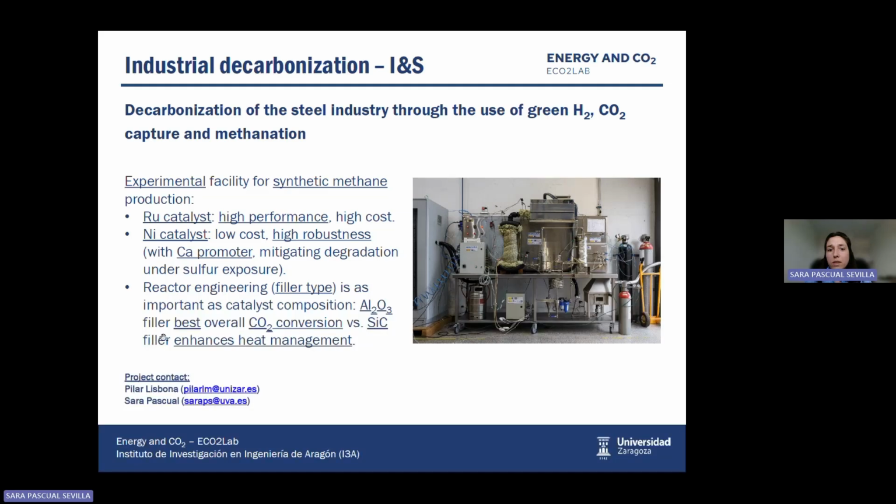Another important emergent research area is reactor engineering, which is as important as catalyst composition. This experimental step demonstrates that the scale-up of the industrial process also requires integrated visions between materials, reactor designs, and operating conditions.